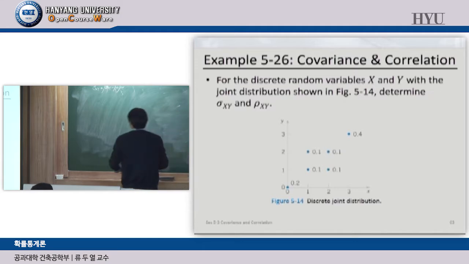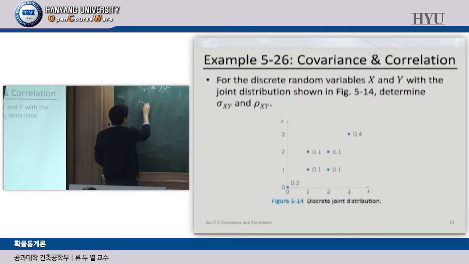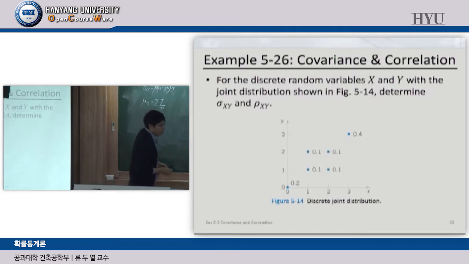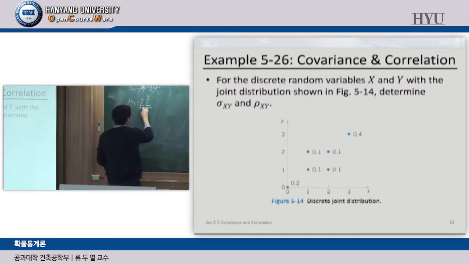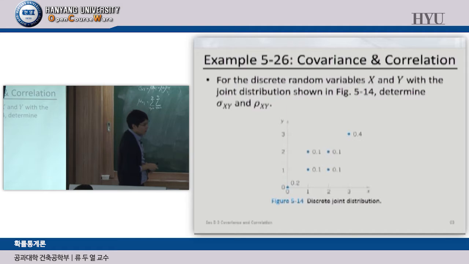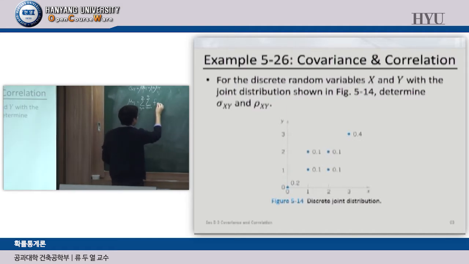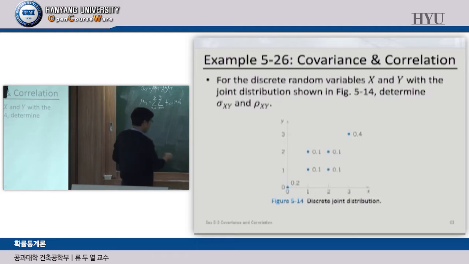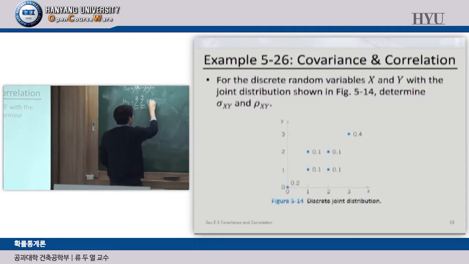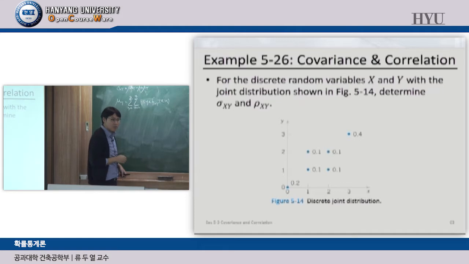So mu xy is equal to the double summation, from x equal to 0 to 3 and y from 0 to 3, of x times y times the joint probability mass function fxy. So we need to calculate this equation.